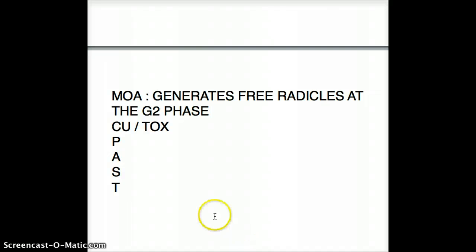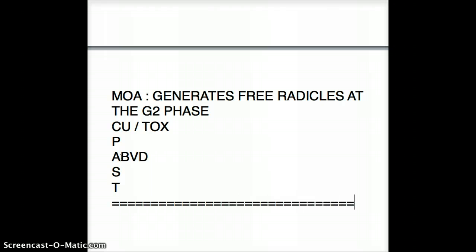P is for pulmonary fibrosis, which is a toxicity. A is for part of the ABVD regimen, so Hodgkin's. S is for skin changes, and T is for testicular cancer. It causes very little myelosuppression, so I didn't bother with that one. Okay, so that's about Bleomycin.